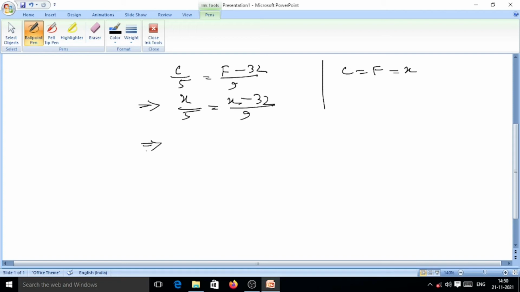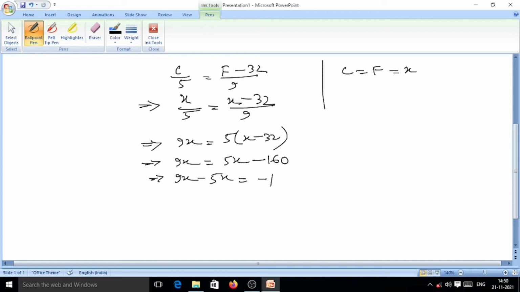Now just cross multiply. 9x equal to 5x minus 160. 9x minus 5x equal to minus 160.